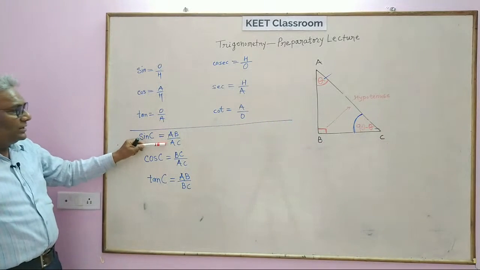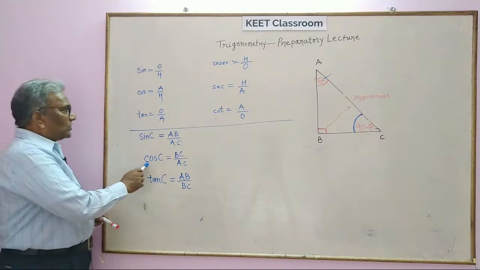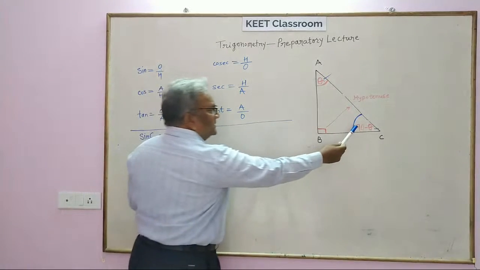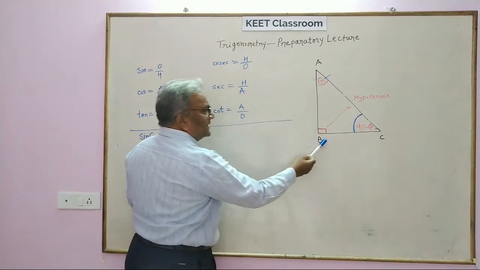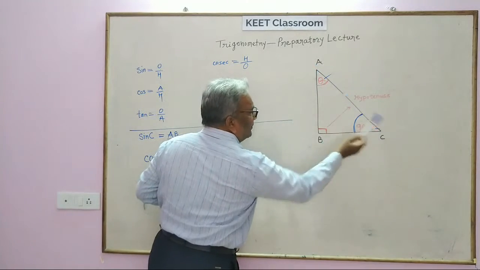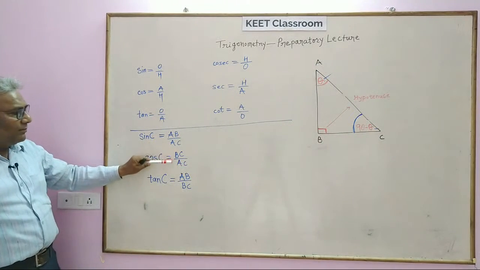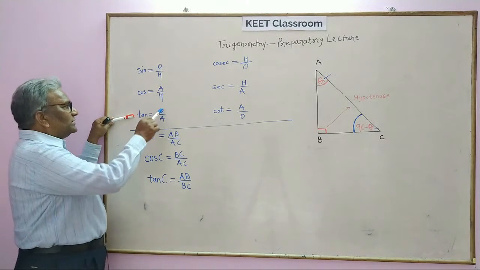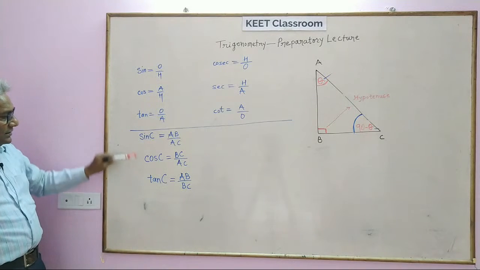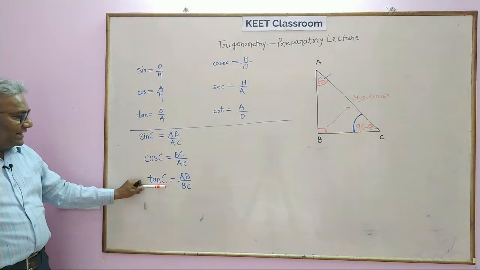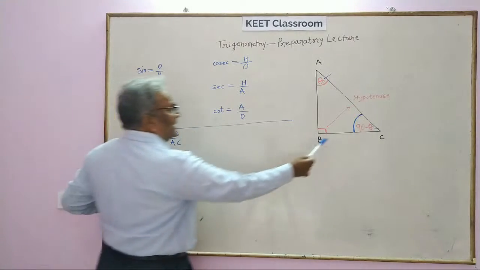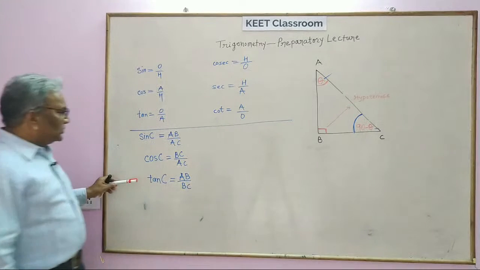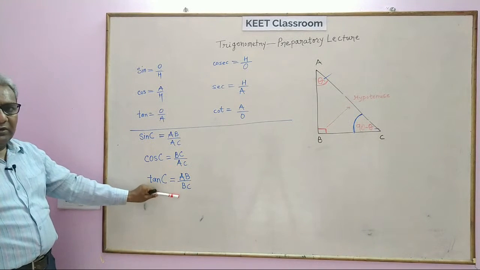So AB upon AC. Similarly, for cos C, we have adjacent upon hypotenuse. So your C is here. This is your adjacent side BC. This is your hypotenuse AC. So we'll get BC upon AC. And similarly, for tan, it is opposite upon adjacent, and we are interested in angle C, that is tan C. So tan C, opposite is AB, adjacent is BC. So here we have tan C is equal to AB upon BC.